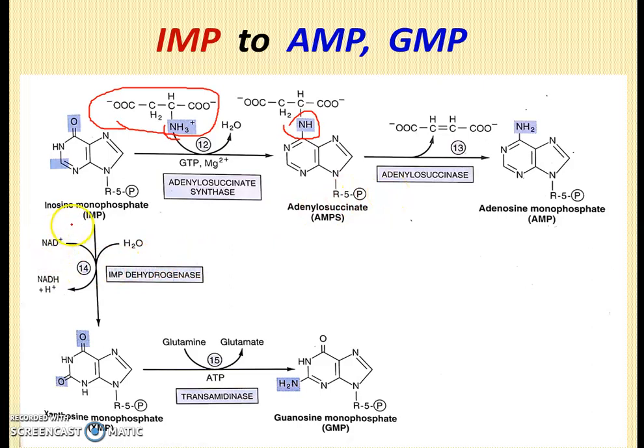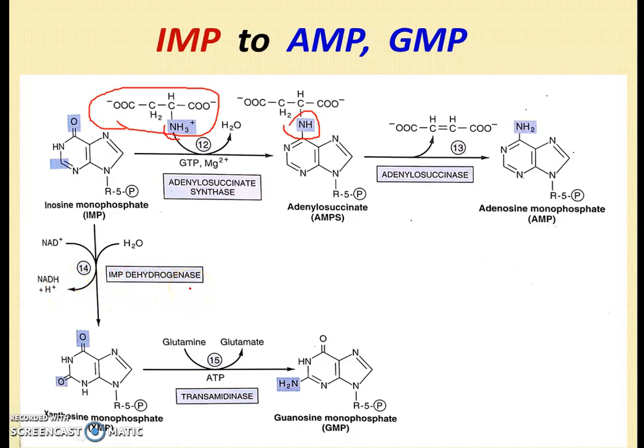In the next pathway, inosine monophosphate is converted into GMP, guanosine monophosphate, in a two-step process. Inosine monophosphate is first oxidized to xanthosine monophosphate, whereas NAD is reduced. The enzyme is IMP dehydrogenase.